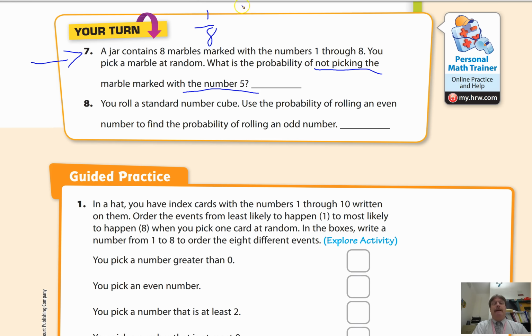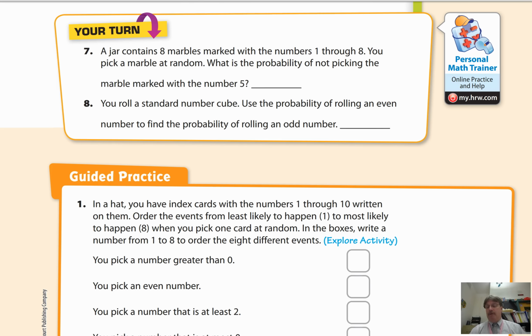And we know something has to equal 8 marbles out of 8 total. So the probability of not picking the marble marked with the number 5 is going to be 7 out of 8. So this is the complement here, and that would be your answer. Because the one with the number 5 is this one.